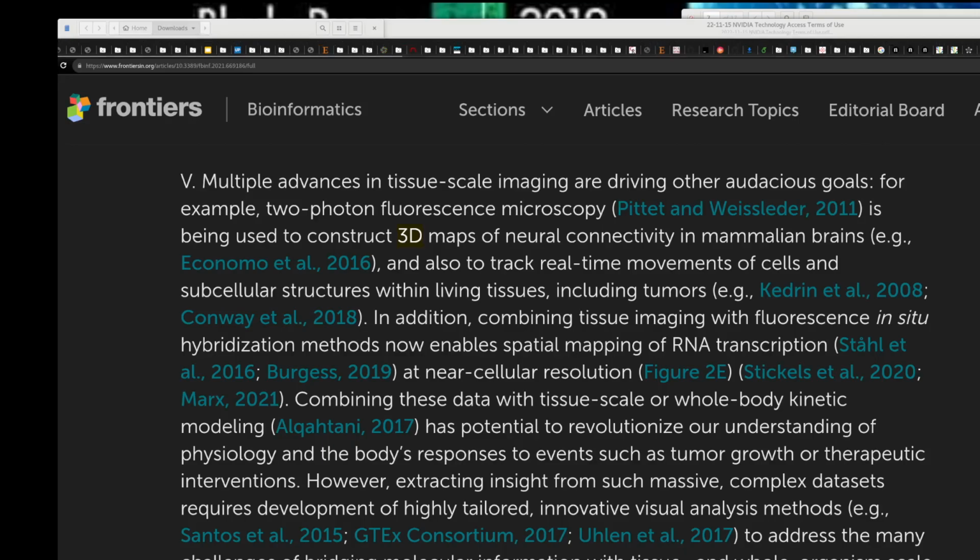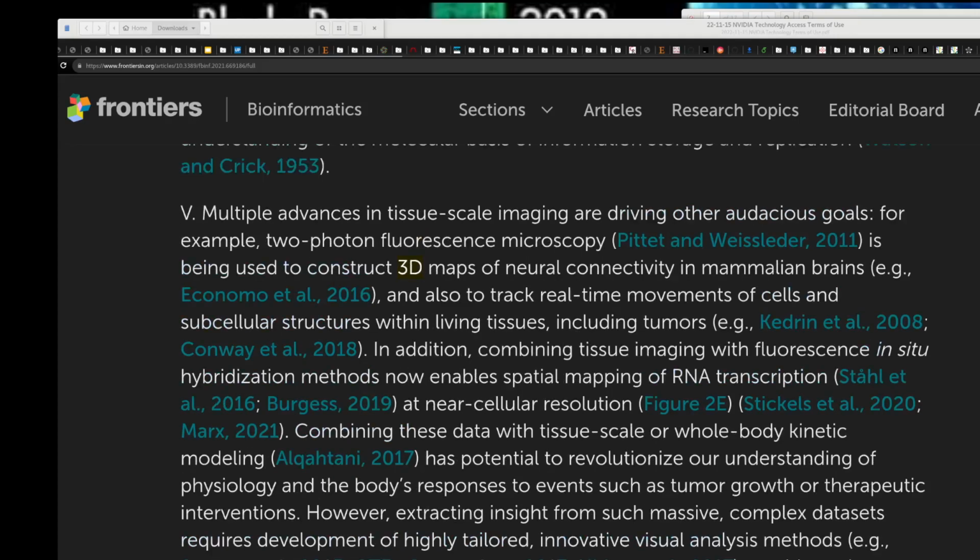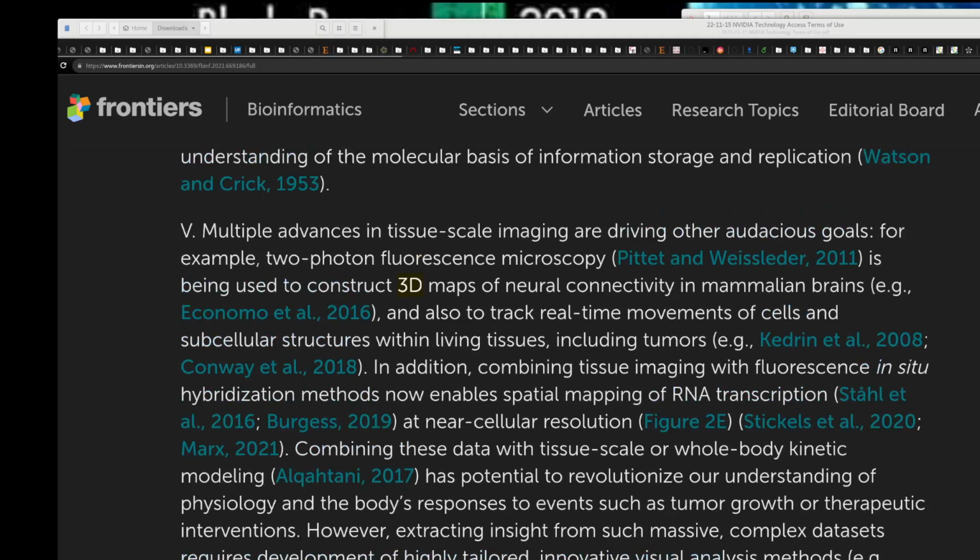In addition, combining tissue imaging with fluorescence in situ hybridization methods now enables spatial mapping of RNA transcription, Stahl et al., 2016, Burgess, 2019, at near cellular resolution, Figure 2e, Stickles et al., 2020, Marks, 2021.